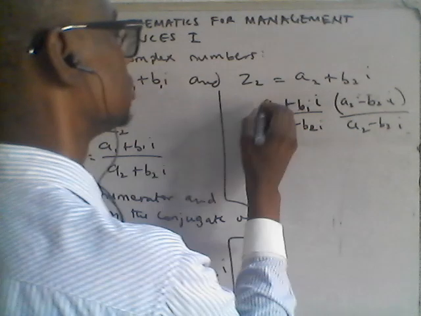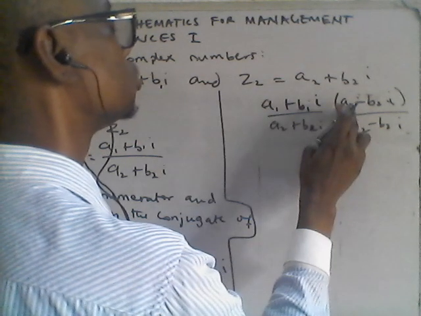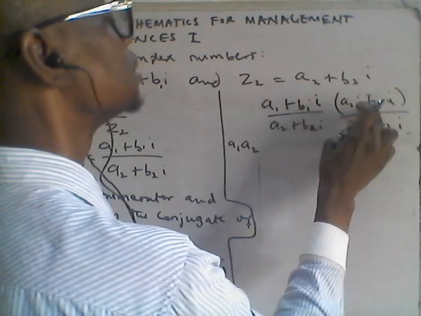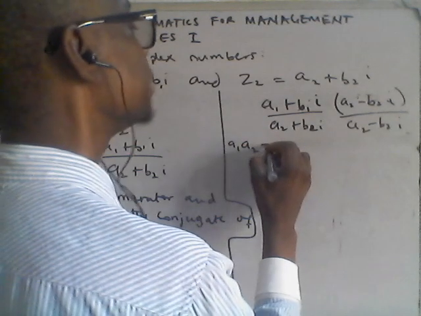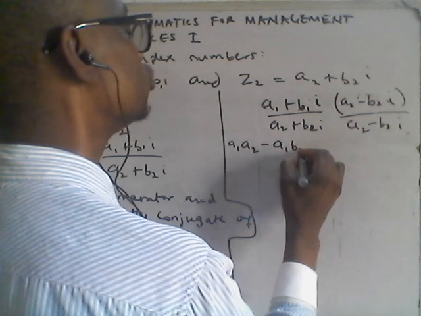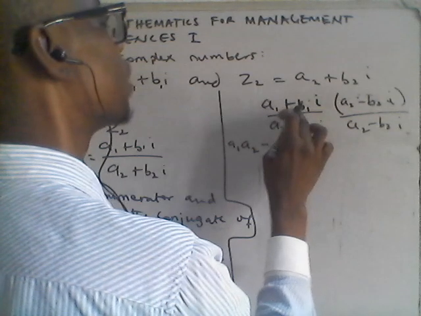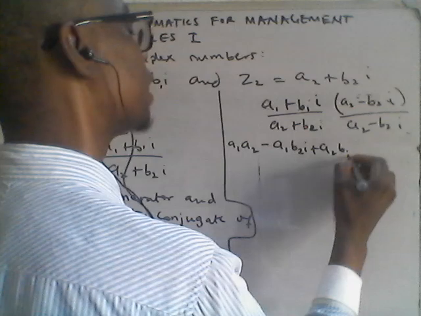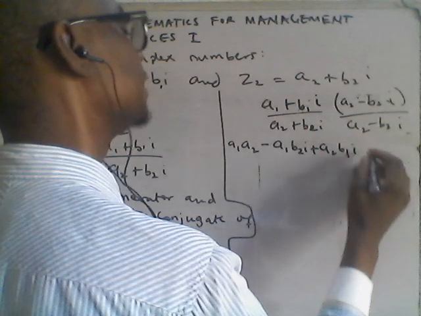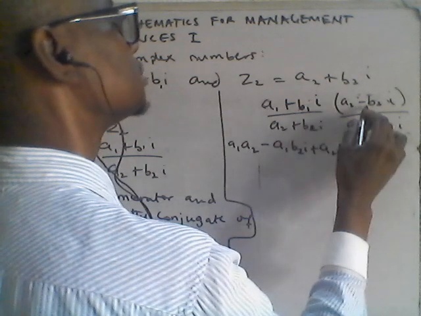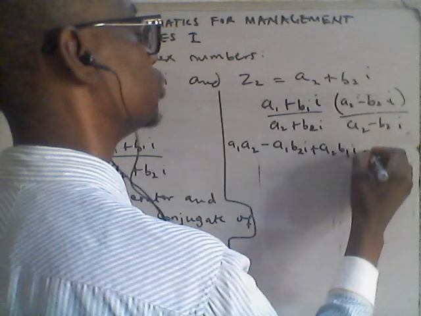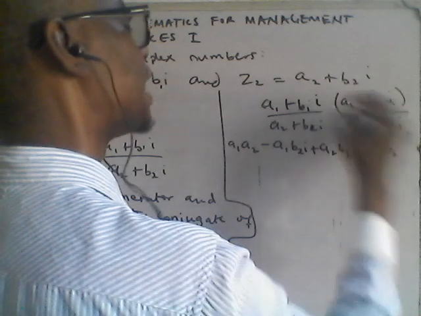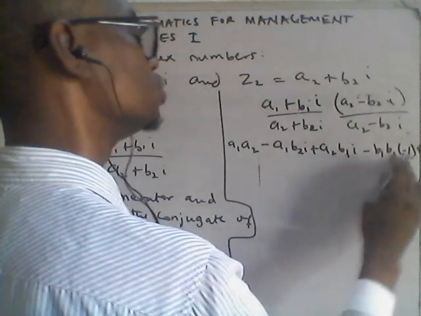I'll do it again. A1 times A2 is A1A2. A1 times minus B2i is minus A1B2i. B1i times A2 is plus A2B1i. Then this minus and plus here is already minus, but I have B1 B2, but this i times i is still minus 1. So this minus will now sit on to plus.